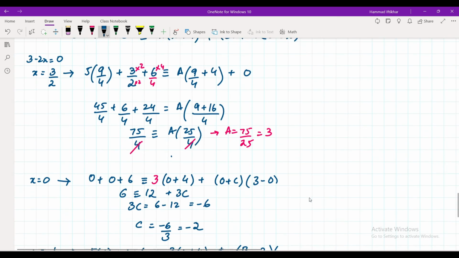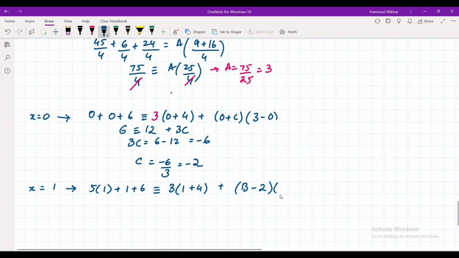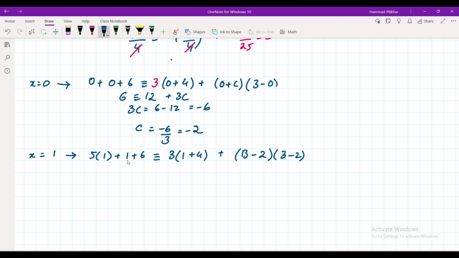And that times 3 minus 2. So 5 plus 1 is already 6. 6 plus 6 is 12. 3 times 5, 15, plus b minus 2 times my 1. So basically just b minus 2. So b would be equal to 12 minus 15 plus 2. So that would be negative 1. 14 minus 15, just negative 1.